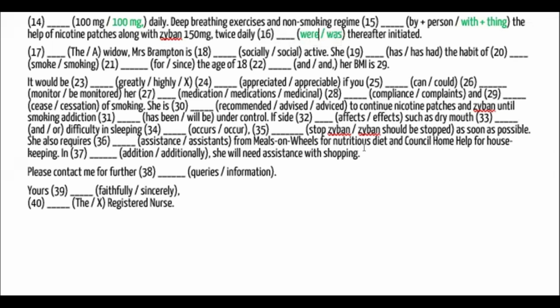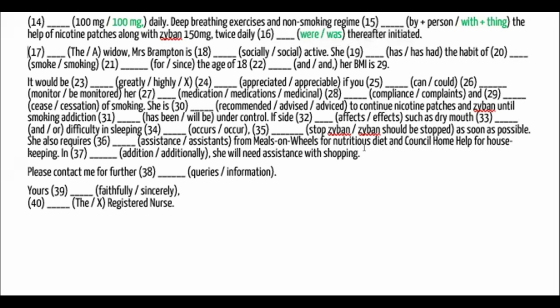Because if you consider them as two medicines, two methods, Zyban is also there, nicotine patch is also there. So there we can write were. But if you are considering this as a course of medicine, we can consider it as was. So in this case, was and were are completely all right.